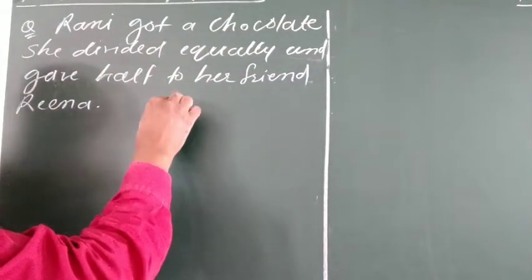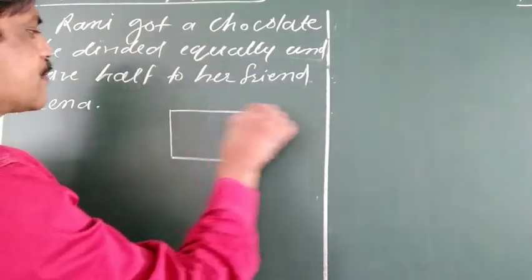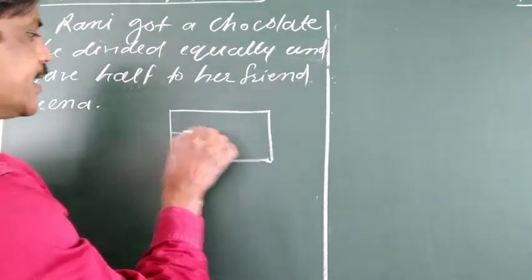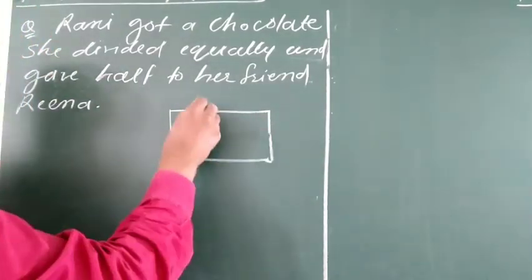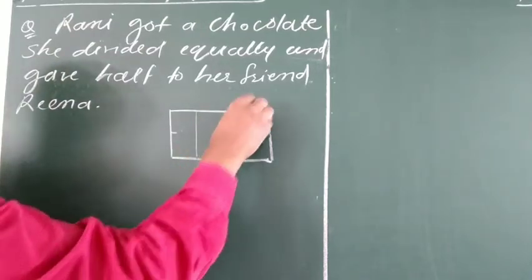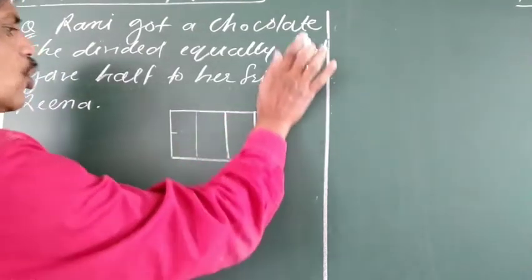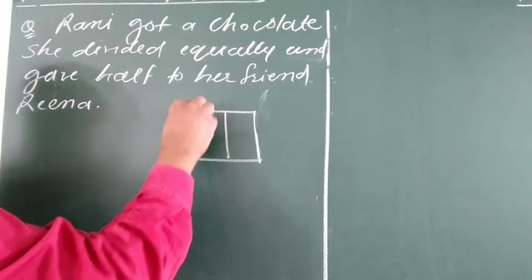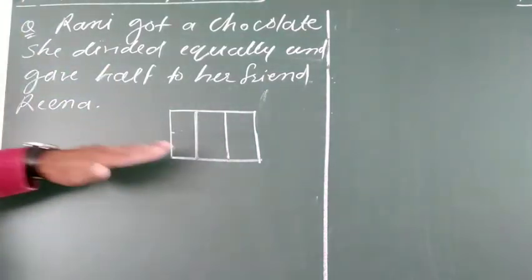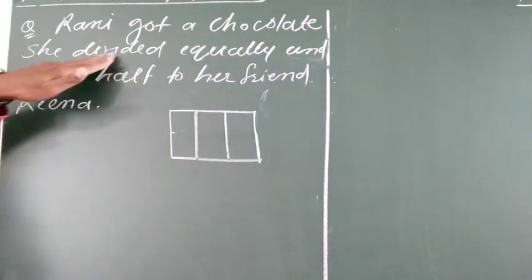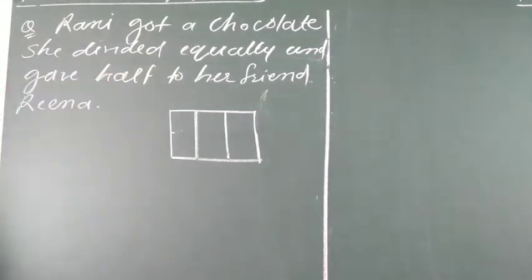So see, this is one piece of chocolate, and it looks like this. The picture is in your textbook only. This is the whole piece of chocolate, and she divided it equally and gave half to her friend Reena.